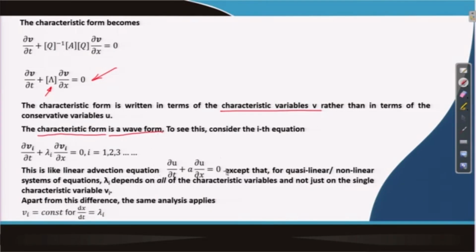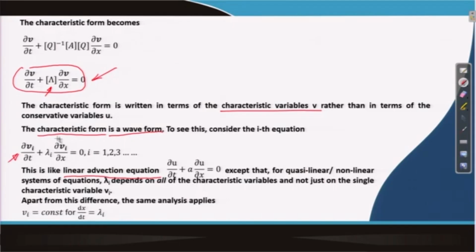Why is it? Because as you can see, if you look at any ith component of this system of equations, so the system of equations is this, it has multiple components. If you are looking at any ith component, it can be written like this, which is very similar to the linear advection equation in terms of structure.